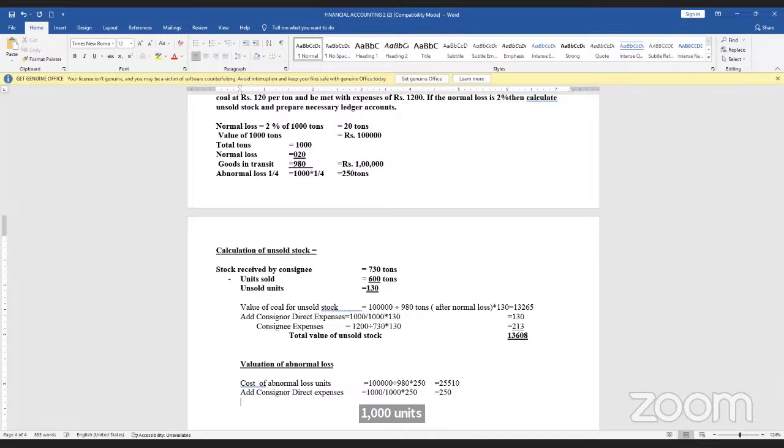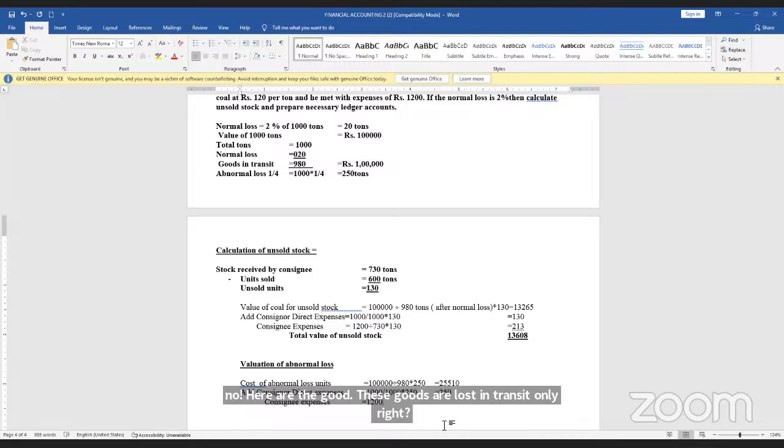Then consignee expenses. Consignee spent 1,200 rupees. You also can take 1/4, 1/4 also. 1,200 rupees is spent on... No, here these goods are lost in transit only, right?